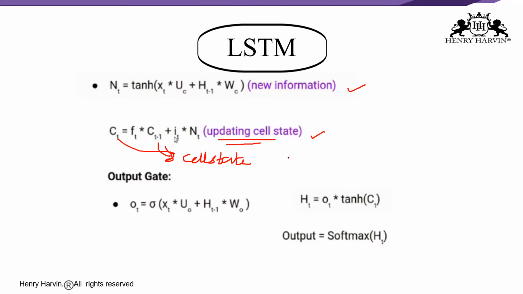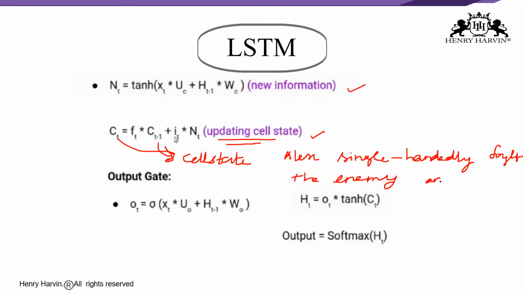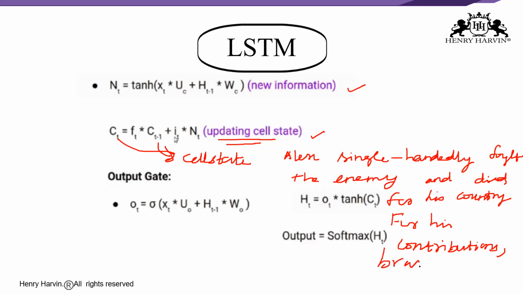Now let me tell you another one. Alex single-handedly fought the enemy and died for his country. For his contributions, brave. During this task, we have to complete the second sentence.